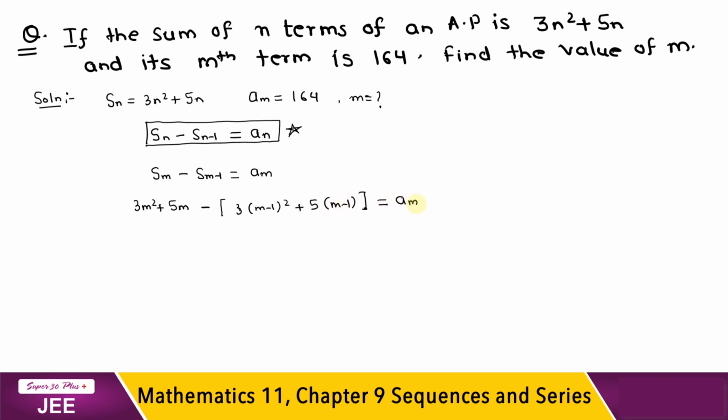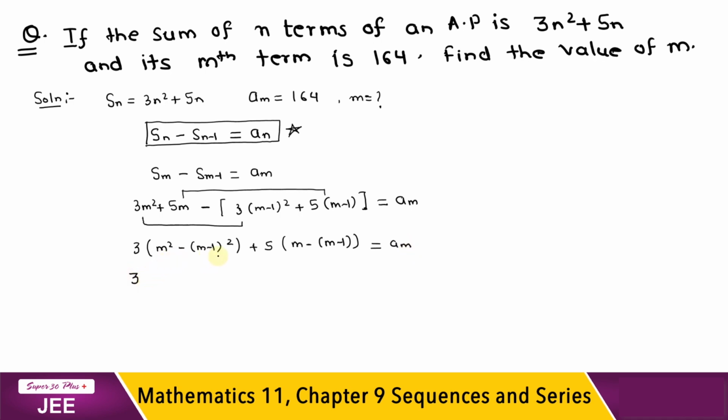Now take these two terms together and these two terms together. We can have 3 into (m square minus (m minus 1) whole square) plus 5 into (m minus (m minus 1)) equals am. So far so good. Now we can write 3 over here.